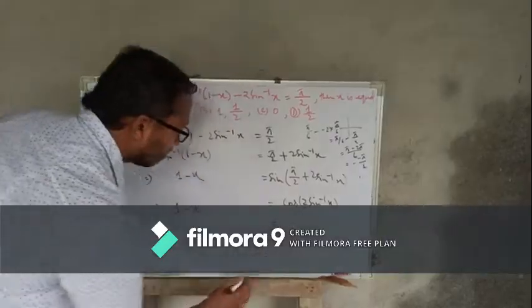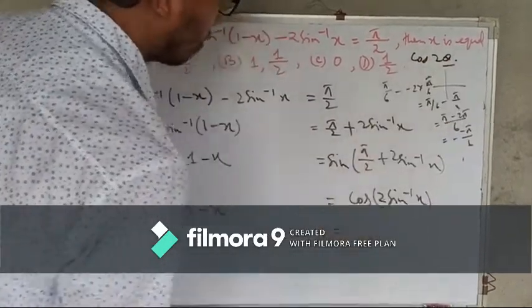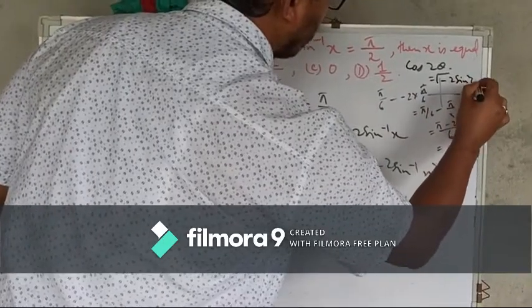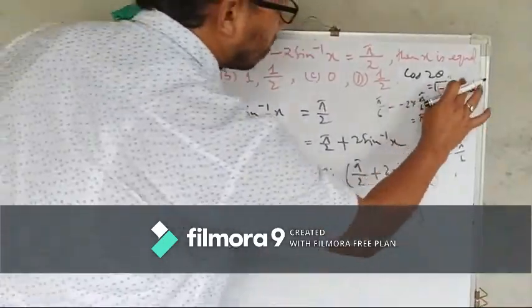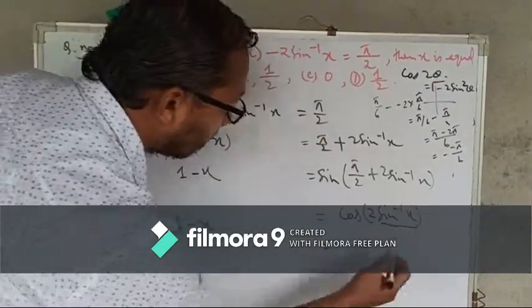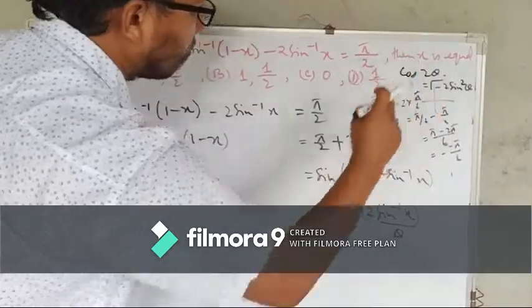Now this part has cos of 2 theta, which is equal to 1 minus 2 sine square theta. Here this is theta. If you think of cos of 2 theta, then this can be written as 1 minus 2 sine square theta.